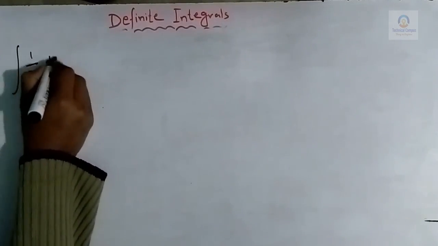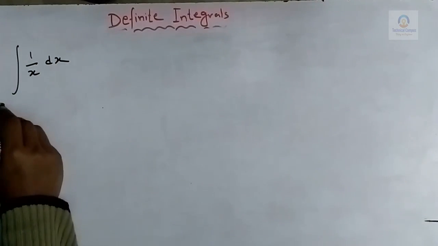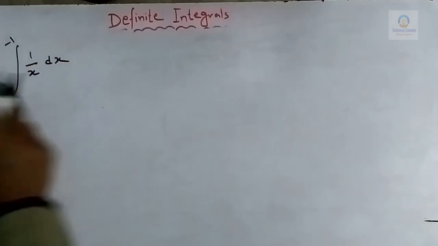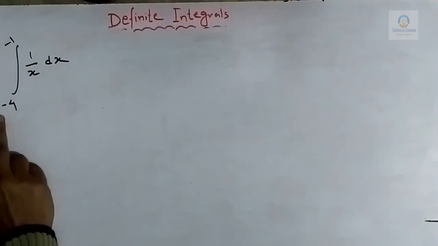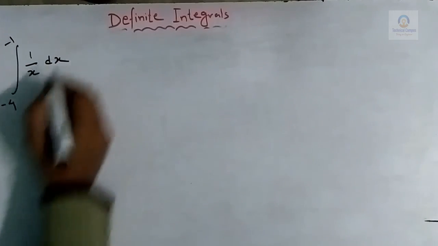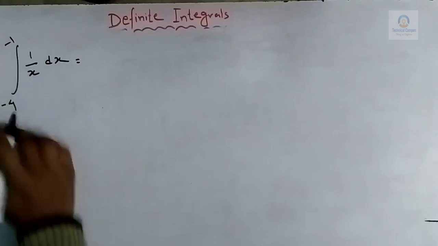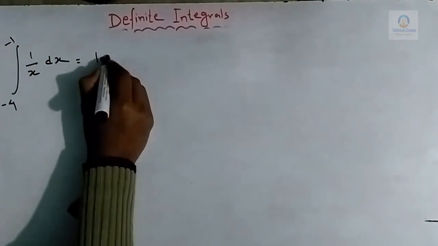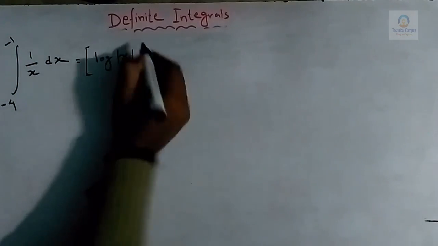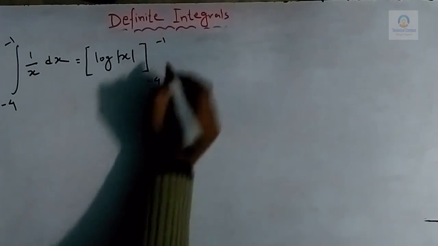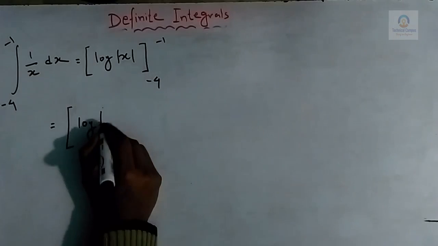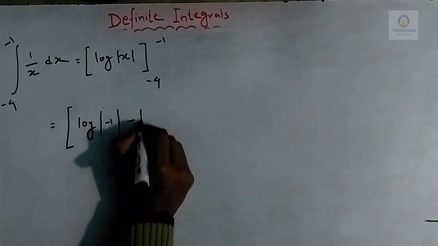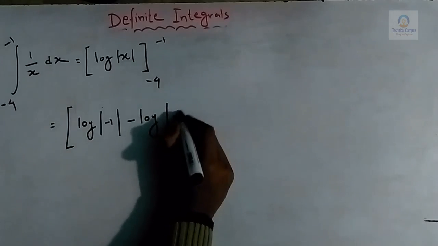Let us consider the function 1 by x dx, and we want to integrate this function from x equal to minus 4 to x equal to minus 1. This is the upper limit and this is the lower limit. The integration of 1 by x is log x, and applying the limits minus 4 to minus 1, it will be log of the upper limit, minus 1, minus the value at the lower limit, minus 4.